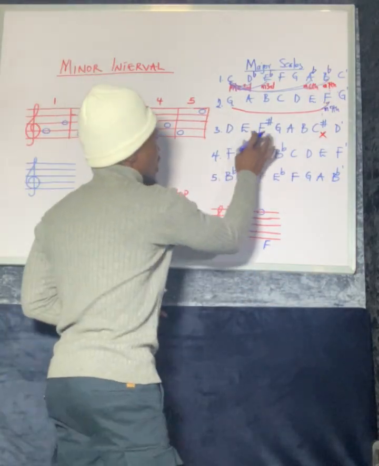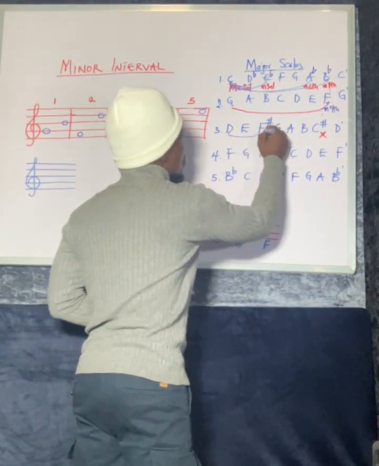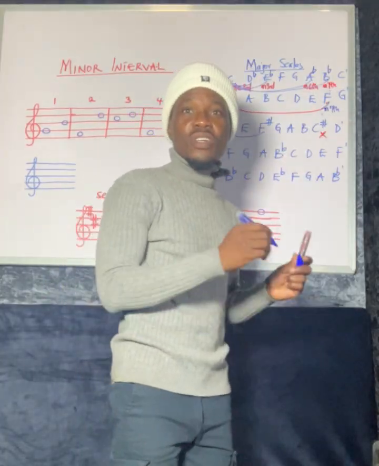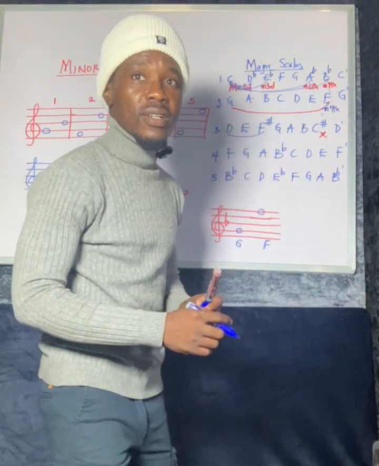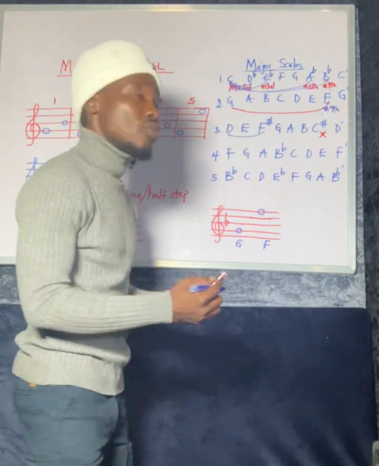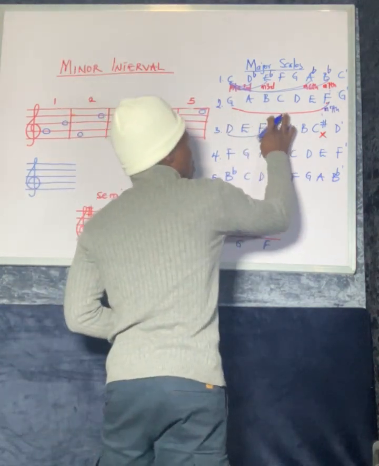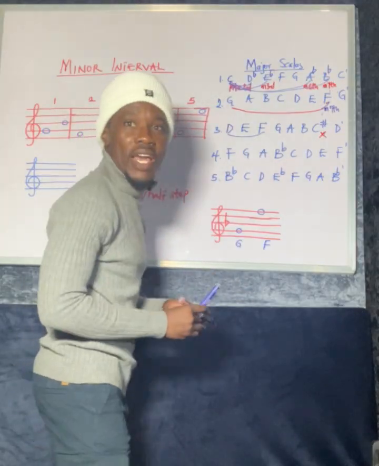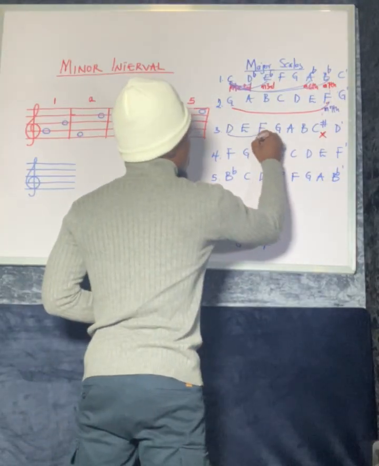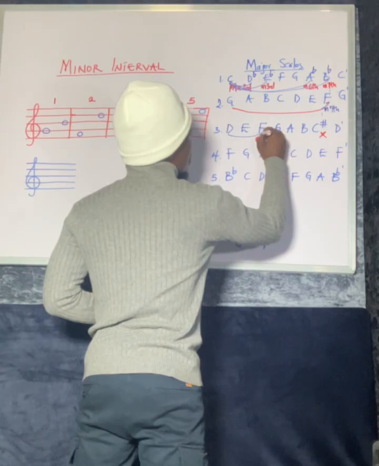Okay. Also here, D to F sharp, first note to third note, is a major third. So how do we change that to a minor third? By taking away the sharp. When the sharp is taken away, it becomes D to F. So D to F is a what? A minor third.